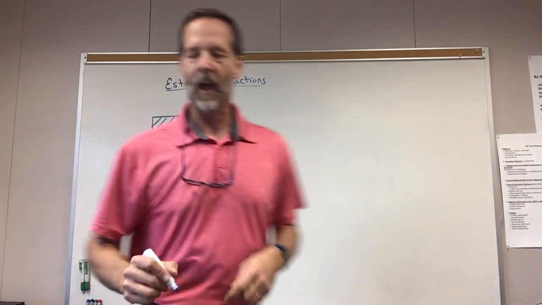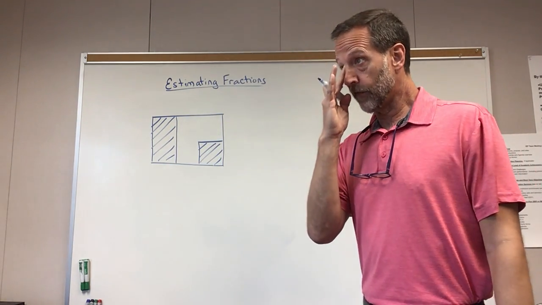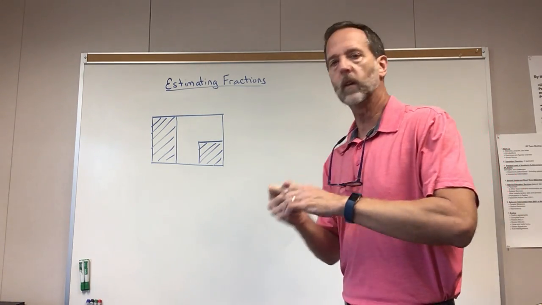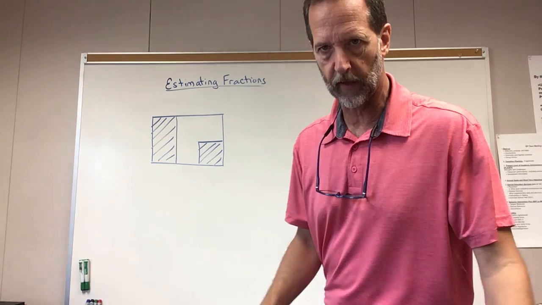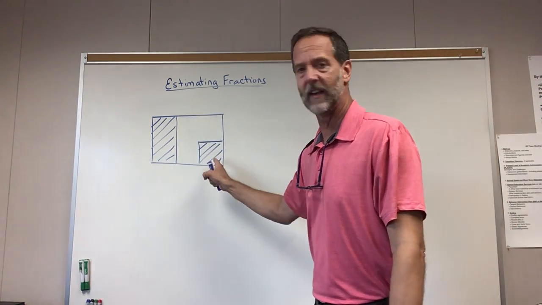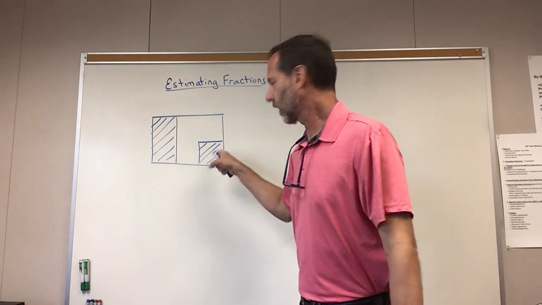And you'll be asked, how much is shaded? Well, you've got to figure out, first of all, what a piece looks like. What is one piece going to look like? Well, you have 2 shaded things in here. You have this and you have this.